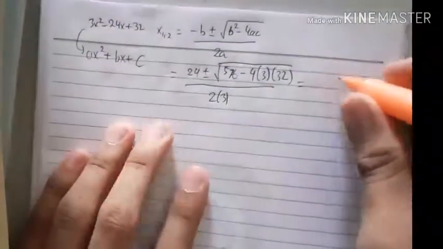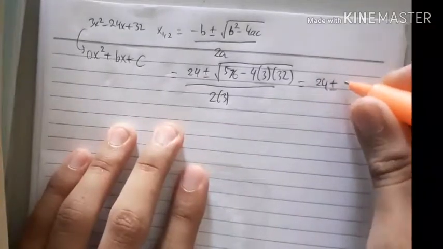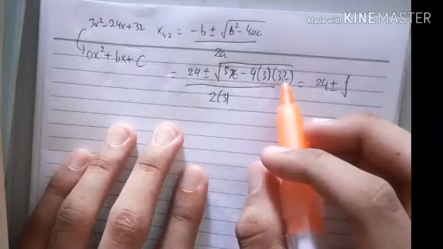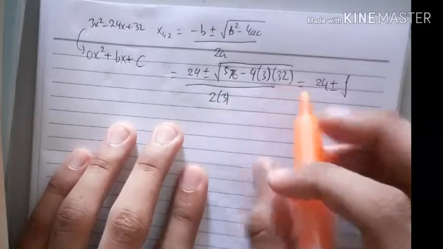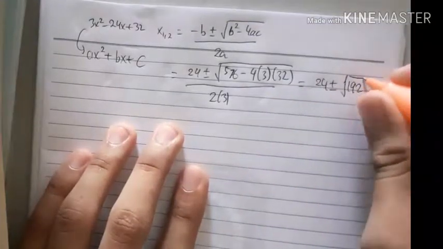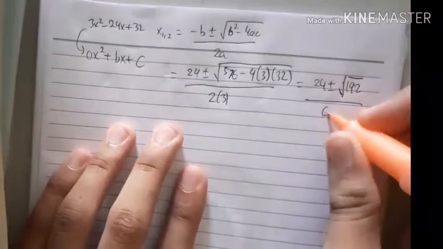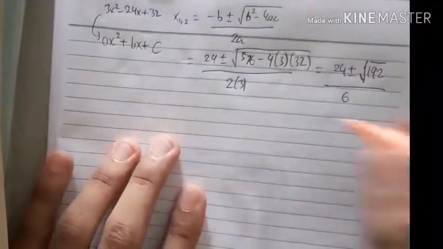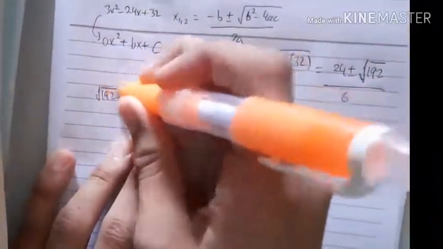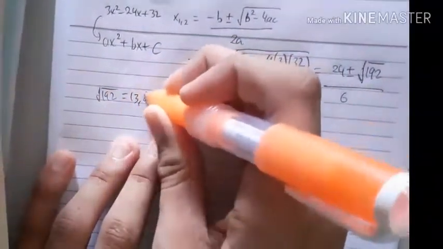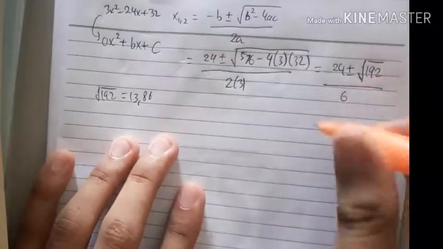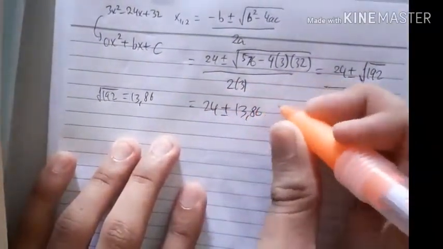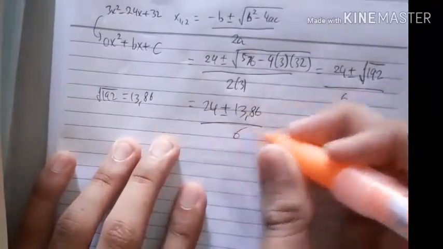So that is 24 plus or minus the square root of 576 minus 12 times 32, which is 384, so the square root of 192, over 6. Okay, and from the question we got that the square root of 192 is 13.86, so we turn that into 13.86. This gives 24 plus or minus 13.86 over 6.